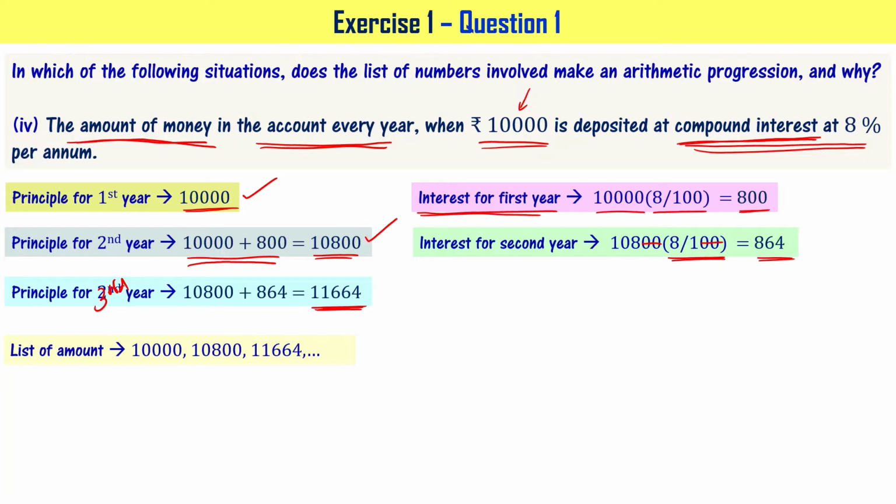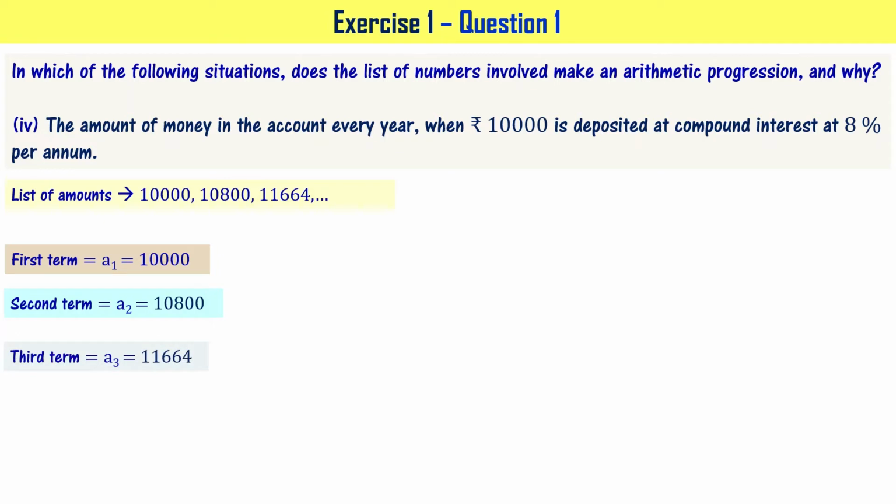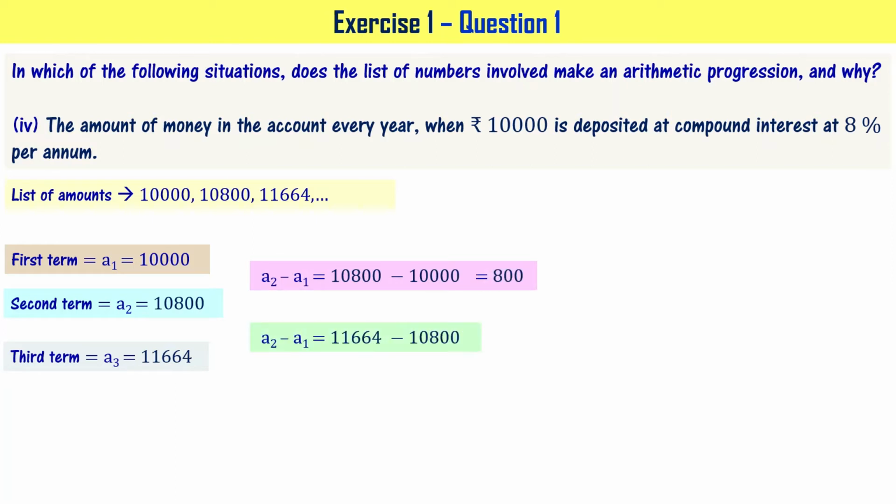Now you see the difference. First term is 10,000, the second term is 10,800, the third term is 11,664, right? So A2 minus A1 is 800, A3 minus A2 is 11,664 minus 10,800, that is going to be 864.